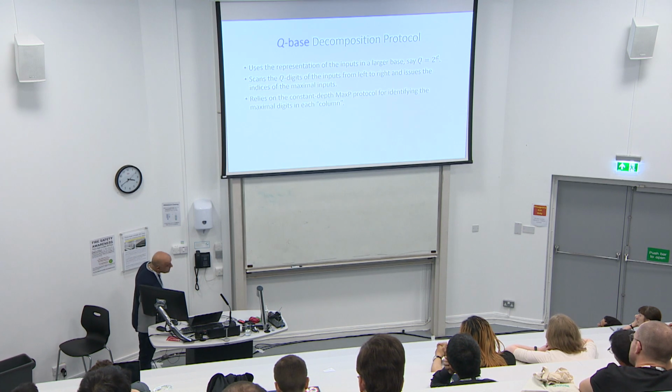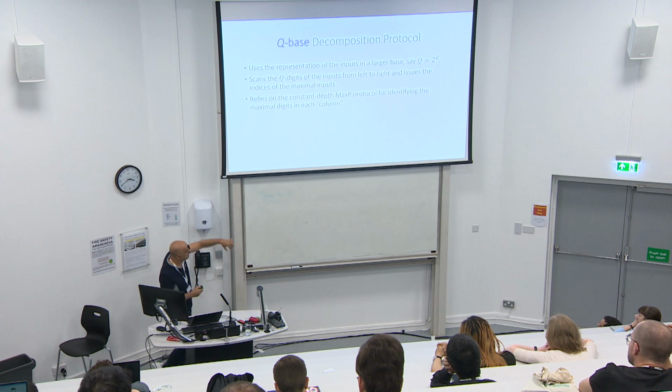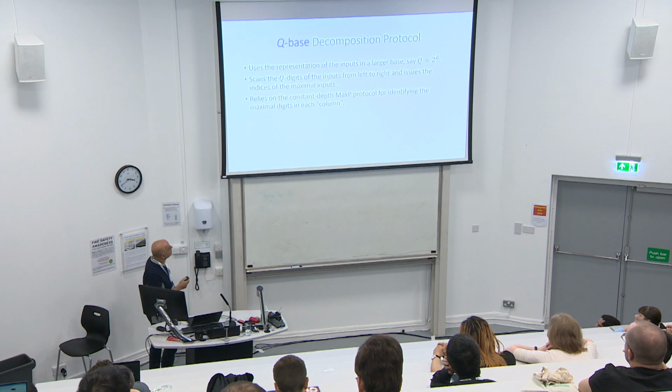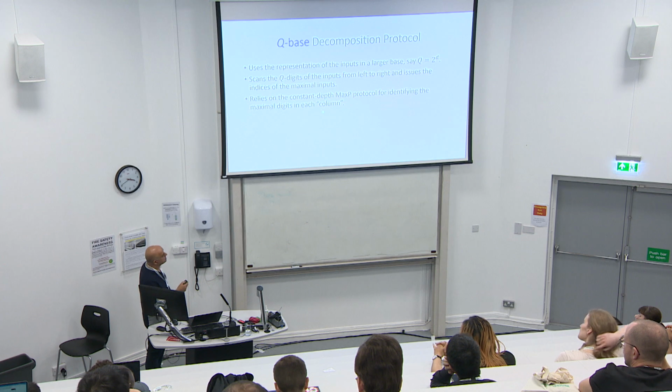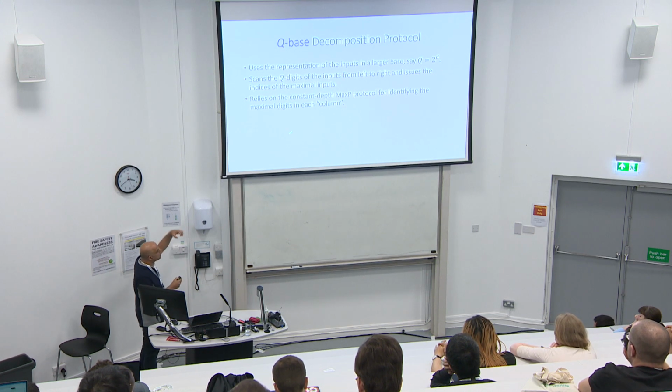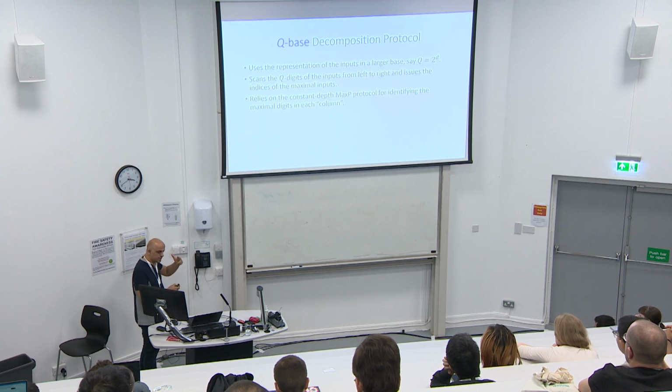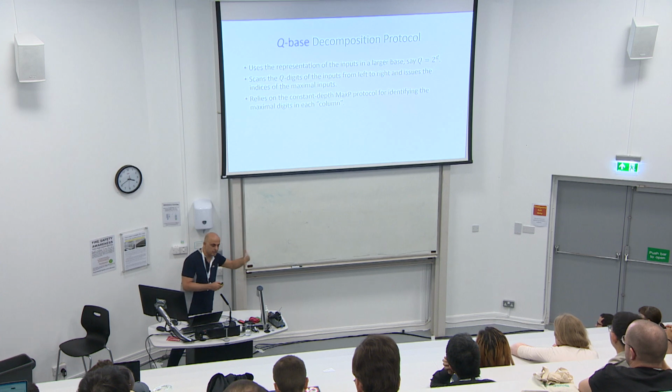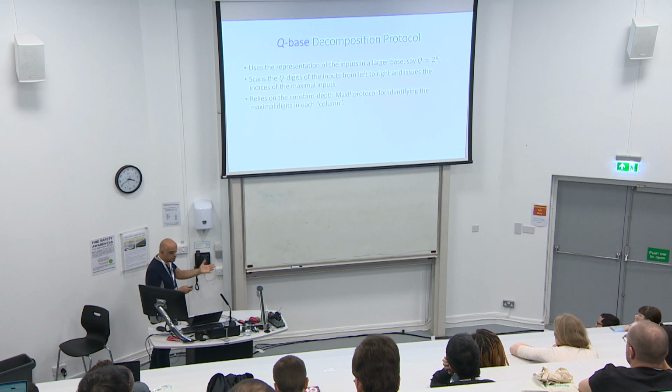And here, we need to compute in each column of digits what is the maximal digit that appears there. And for that purpose, we use the constant depth max speed protocol that we showed 4 or 5 minutes ago. So that one is used here in order to compute the maximal digit in each column, and then to decide how to update digits in the next columns in a manner which resembles what we had in the binary case.